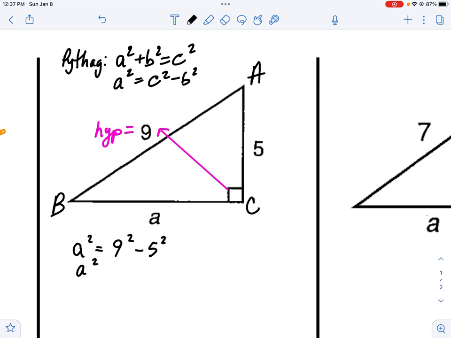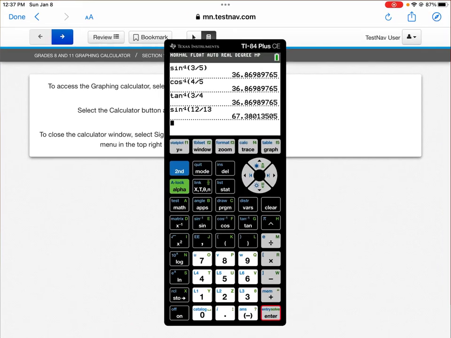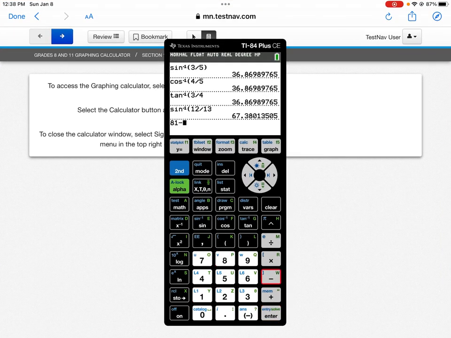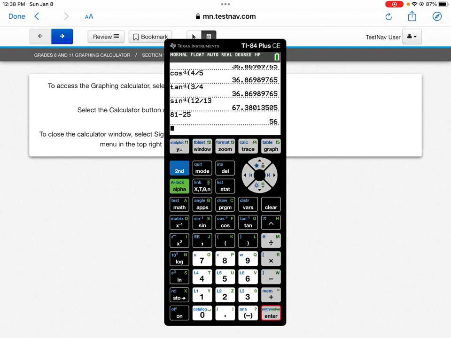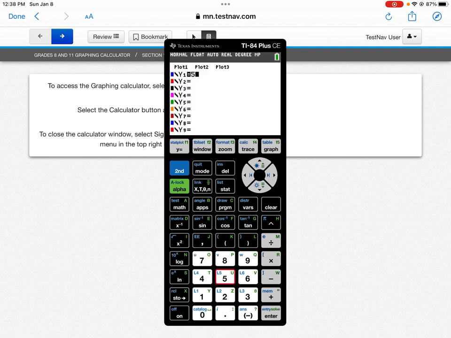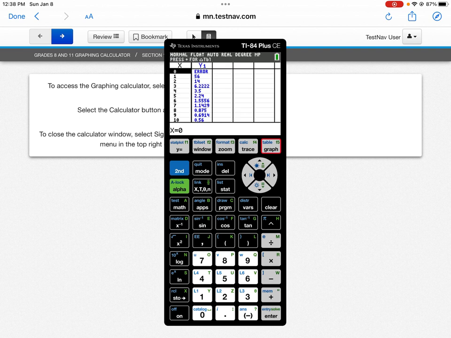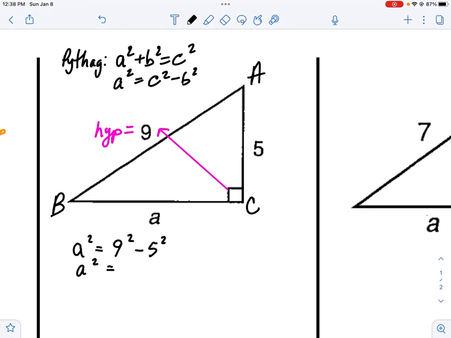So A squared equals 81 minus 25. 81 minus 25 is 56, and if we take the square root of 56, it is 2 root 14. That's A. So that is 2 root 14.